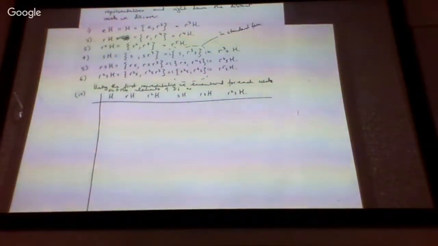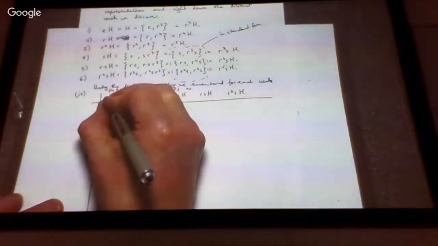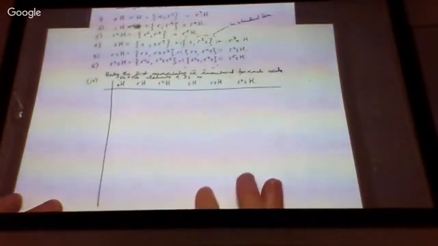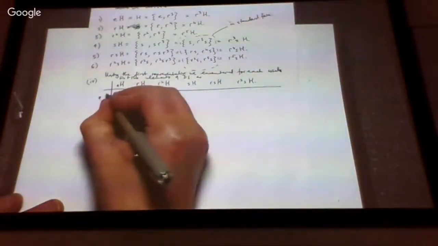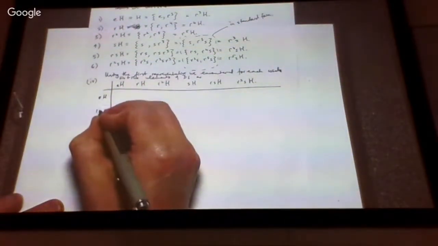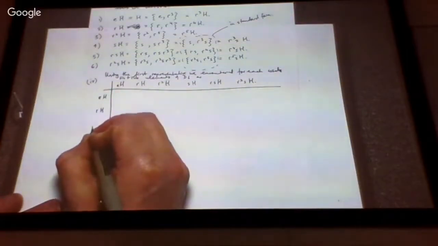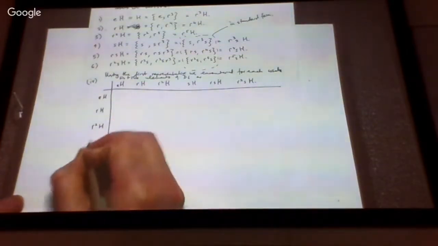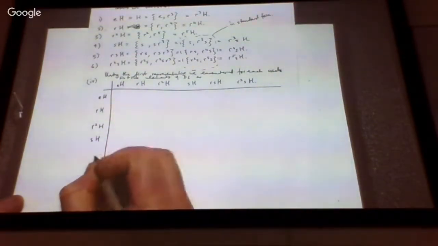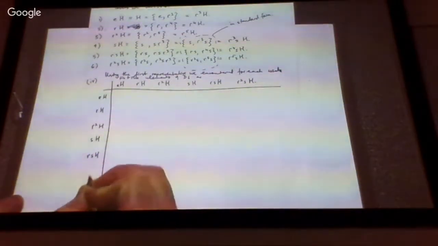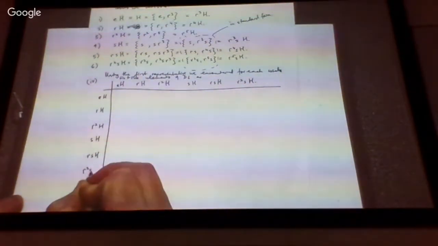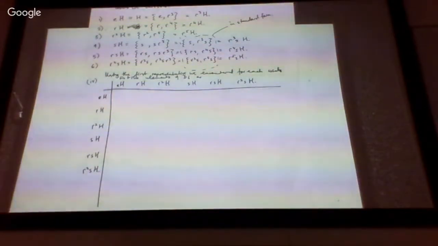I think H is clear. Maybe to be consistent. Whatever. Yeah, let's be consistent, like EH. EH, RH, SH, RSH, and R squared SH. So here I'm just setting up a regular Cayley table. So maybe having lined paper might be slightly better there. So you've just got 36 entries to fill out.